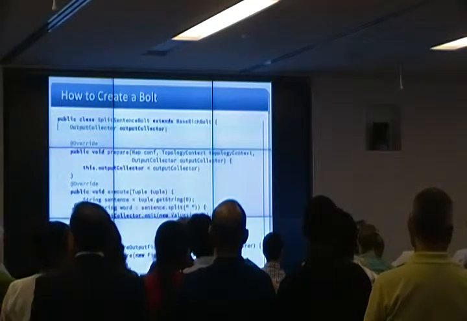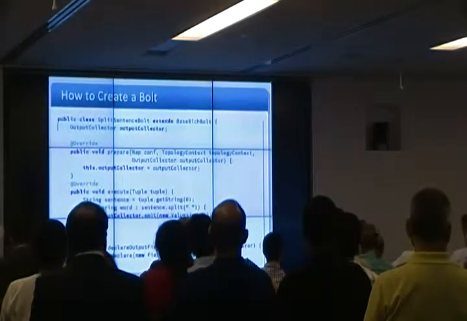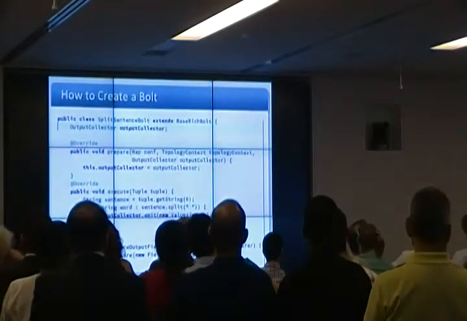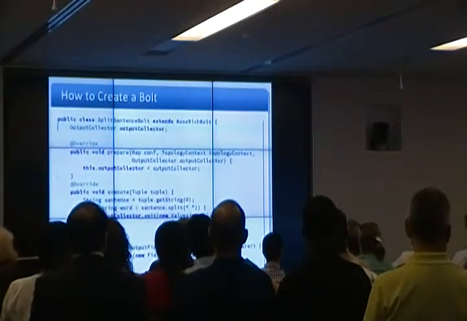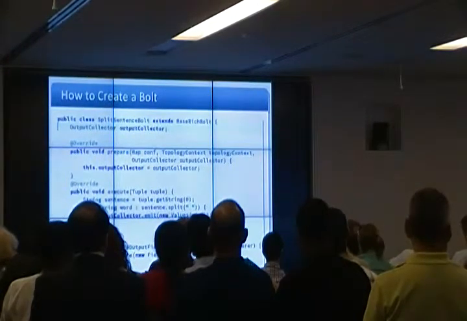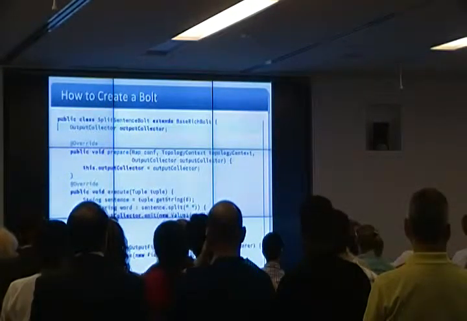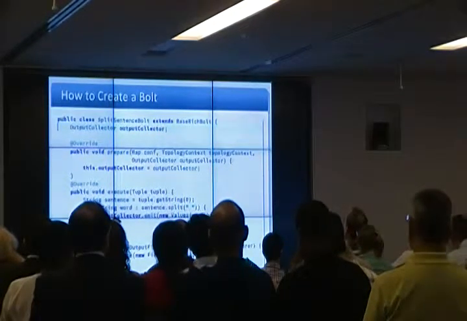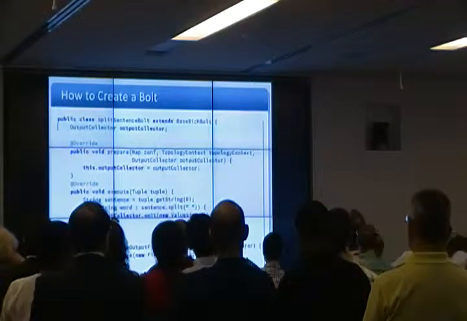No, it's just a logical diagram. I will go to it and you will see how to make it, whether it's an individual instance or many instances. Yeah, I'll show that exactly.